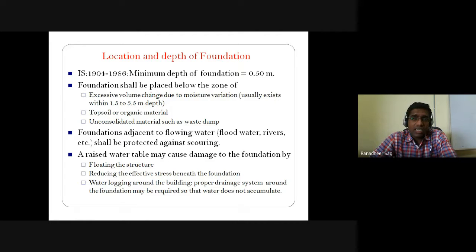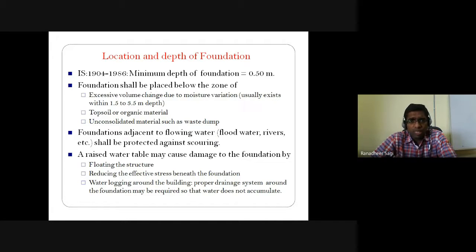According to Indian Standard Code 1904 of 1986, the minimum depth at which the shallow foundation has to be constructed is around 0.5 meters to 1 meter. In some cases, people consider it as roughly 0.9 to 1 meter.